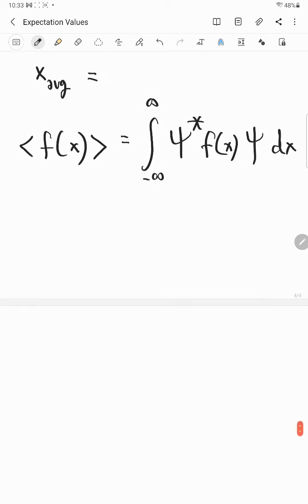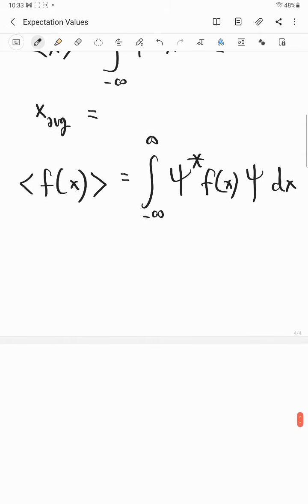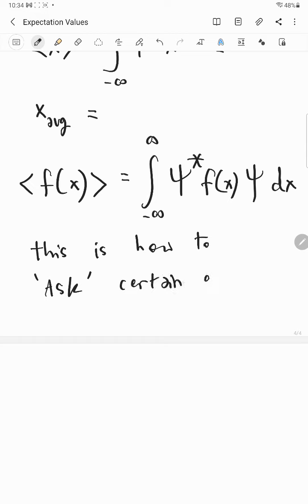So this is how to ask certain questions. The thing you want to ask, you can get the average value if you sandwich it in between psi star and psi.